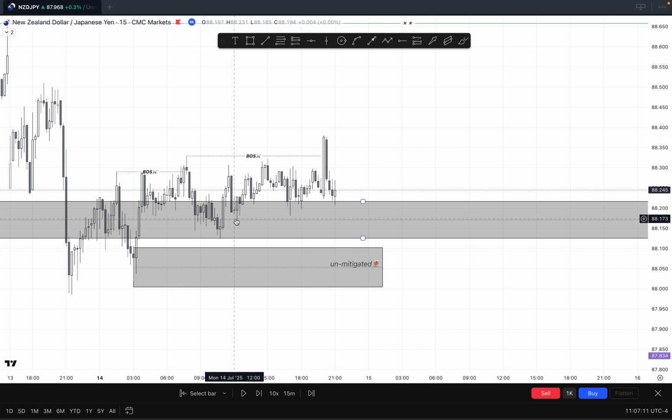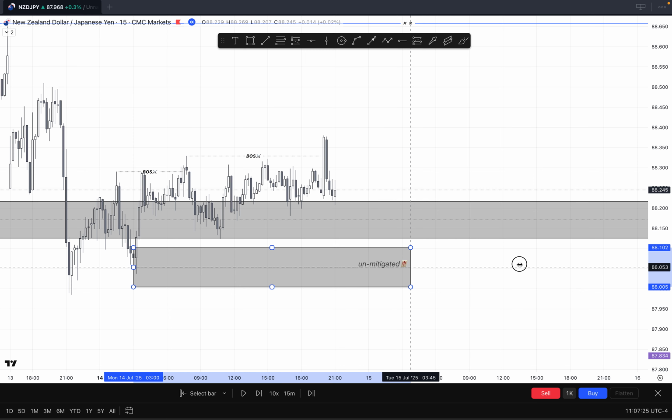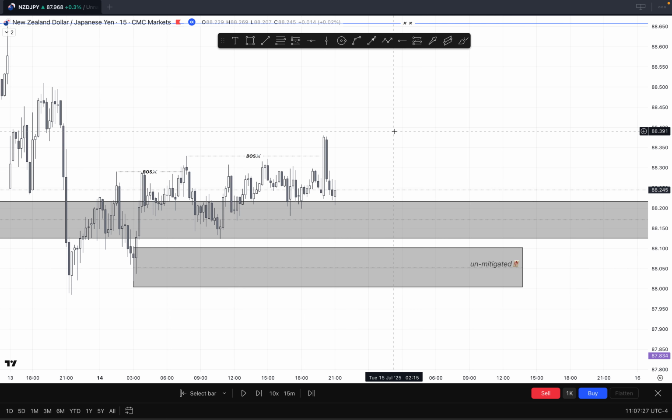And so I'm still expecting this, because this order block here has already been mitigated, as you can see, once, twice. So I'm still expecting this here to be mitigated before going up.